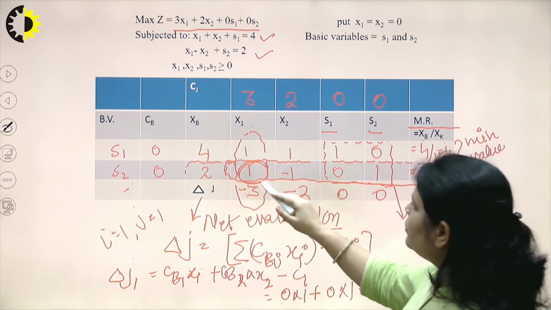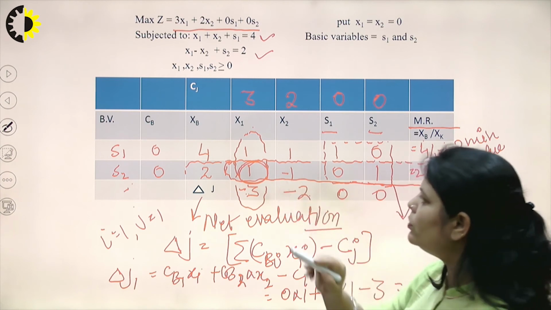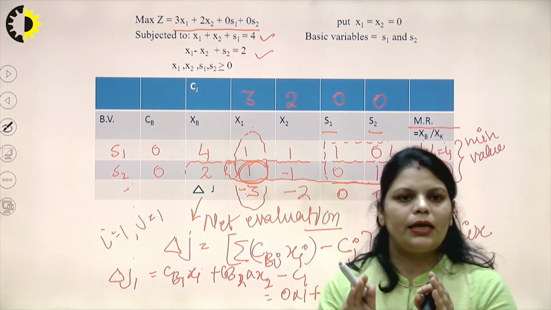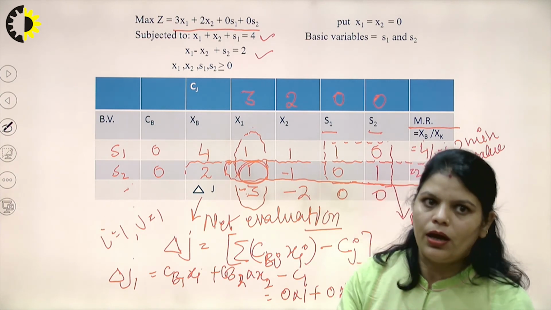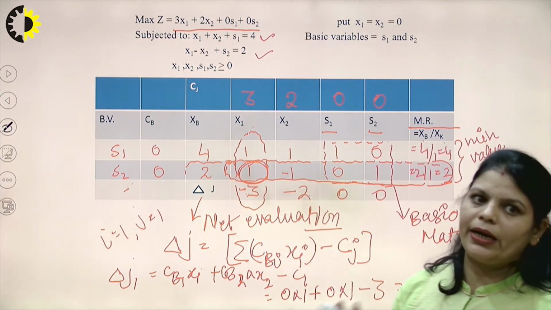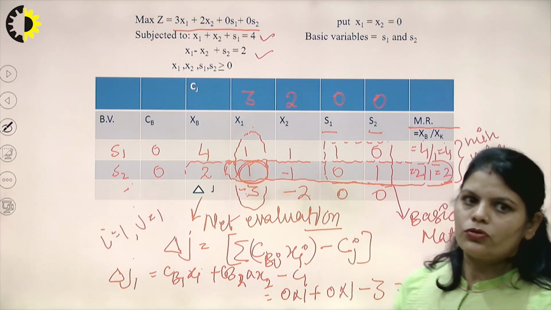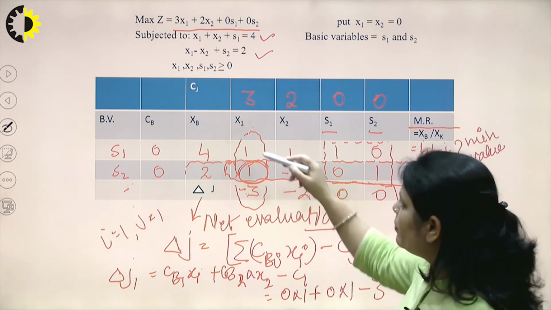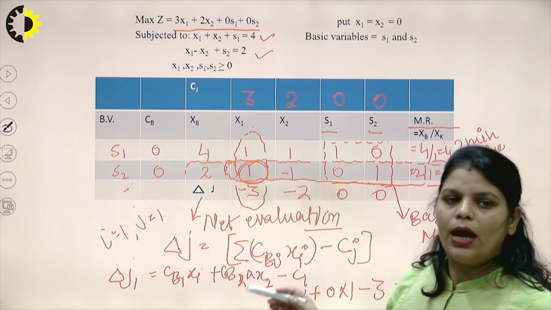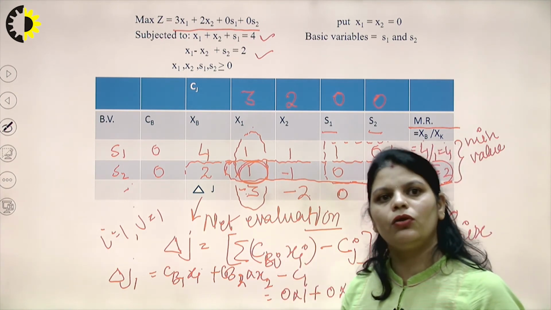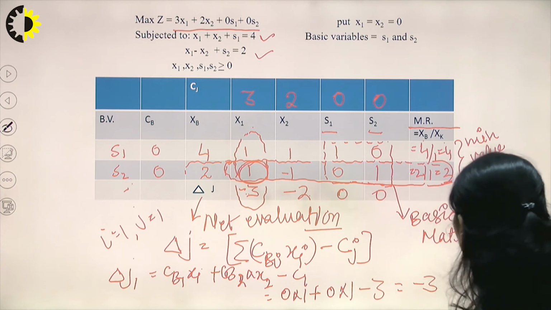What we have to do is make this key element 1 and the other elements in the key column 0. But we can see the key element is automatically 1 here. So our next step will be to make the other elements in the key column equal to 0, and for this we will use row operations. Clear?